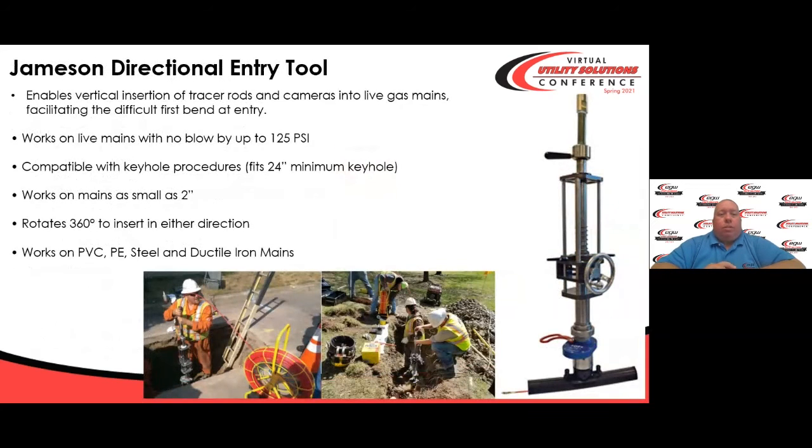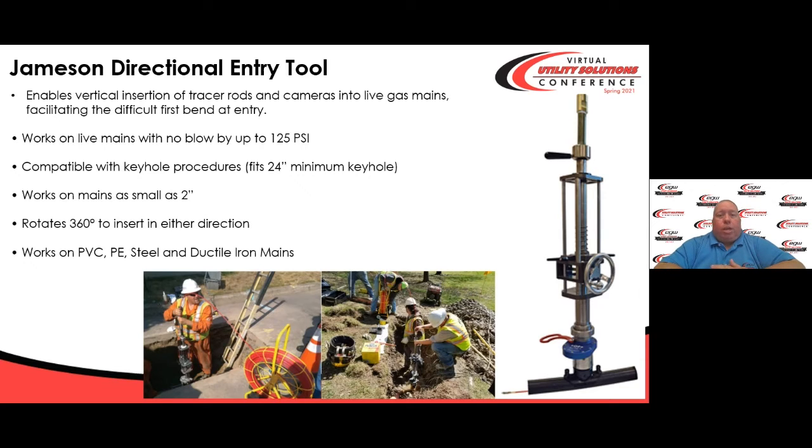The next component of the system is the Jameson directional entry tool. This tool enables vertical insertion of tracer rods and cameras into live gas mains and facilitates the difficult first bend at entry. It works on live mains with no blow-by up to 125 PSI.